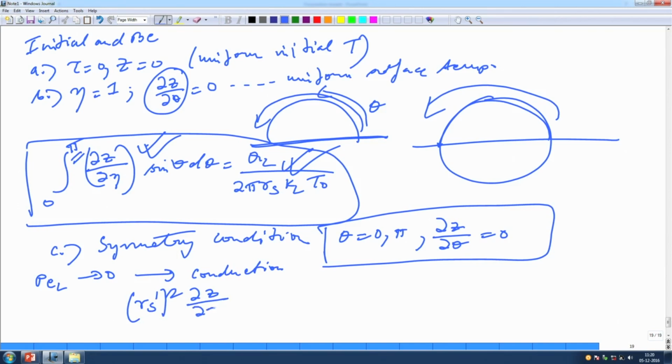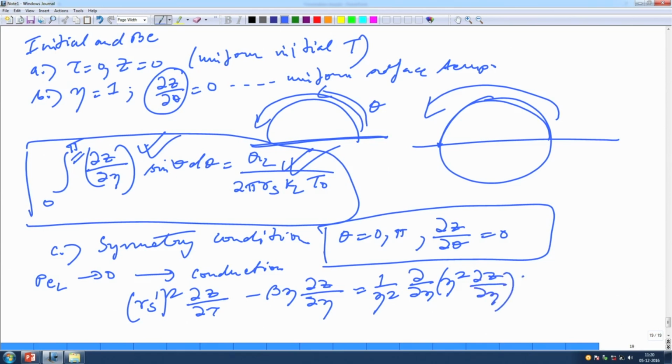So, if you write the same equation, I have just taken off the Peclet number term.